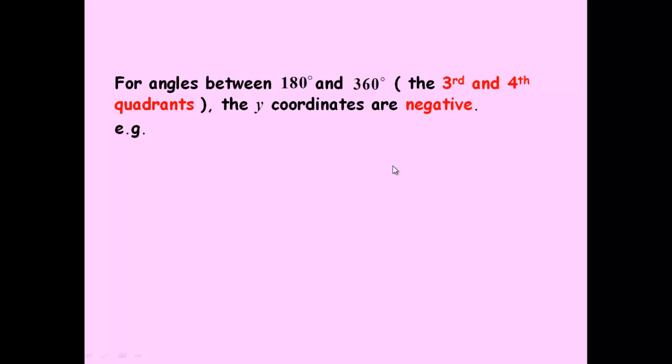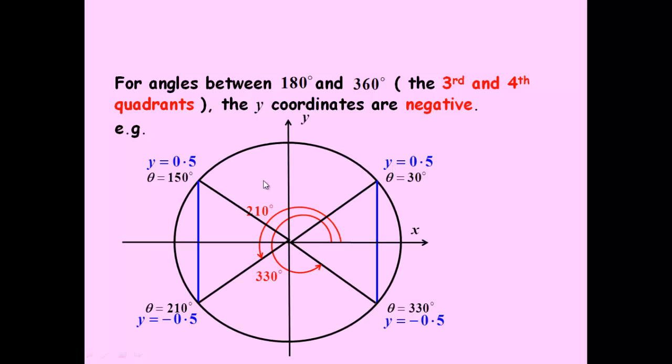For the third and fourth quadrants, we can see that we're going to end up with negative y values, but the same symmetry applies. Study this here and try and understand where these different angles are coming from.